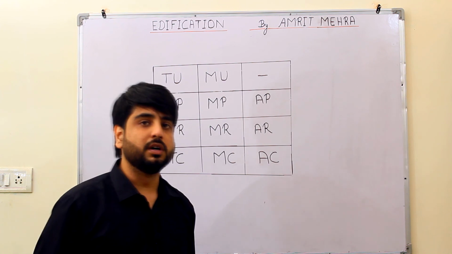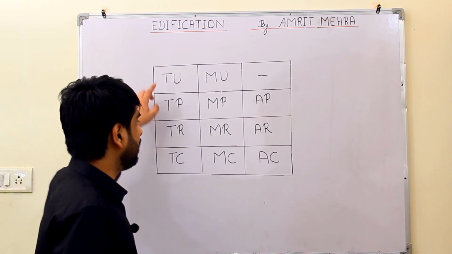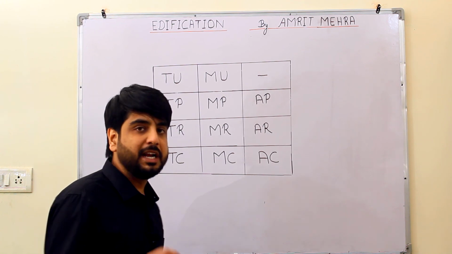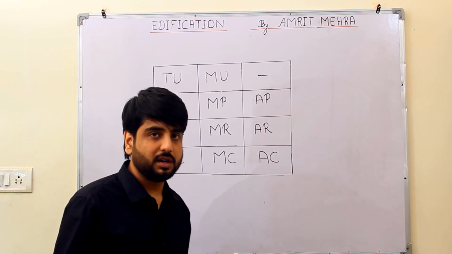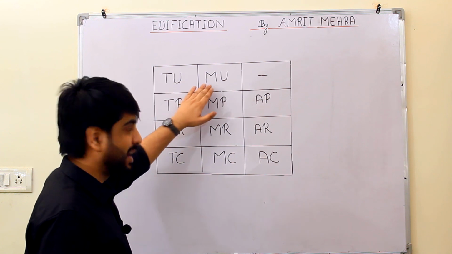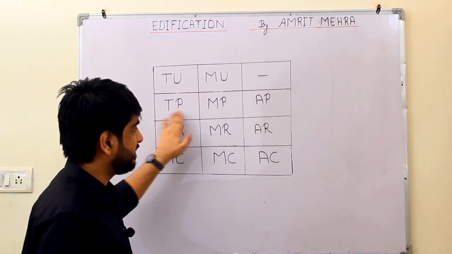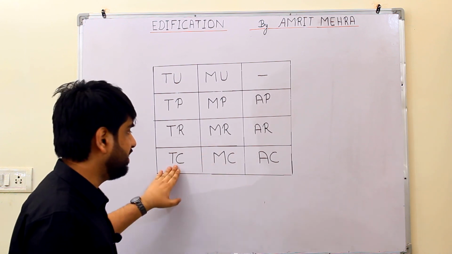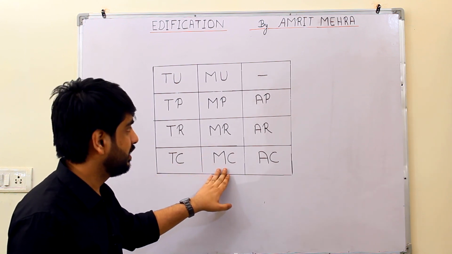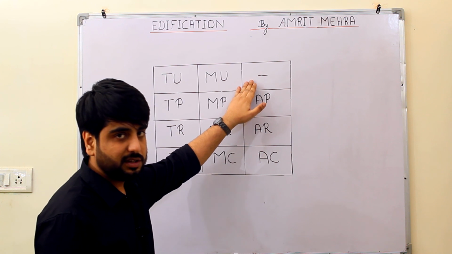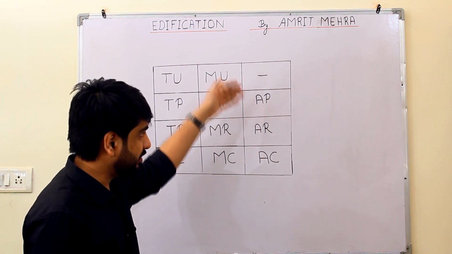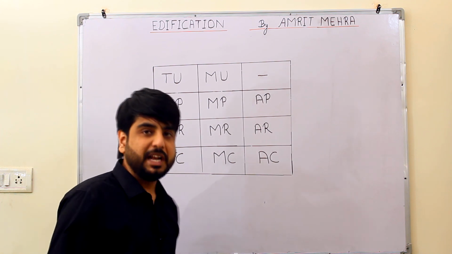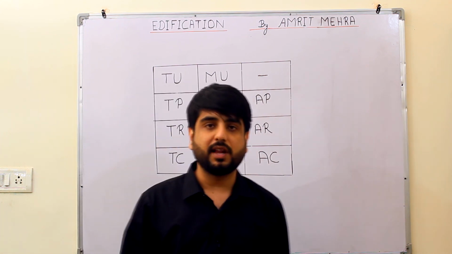The important thing to learn is that all the total values, whenever you need to find them, you need to use the formula of sigma. TU is sigma MU, TP is sigma MP, TR is sigma MR, TC is sigma MC. AU was not mentioned, but for the rest of the values, that is AP, AR, AC, you need to remember that these are average values.